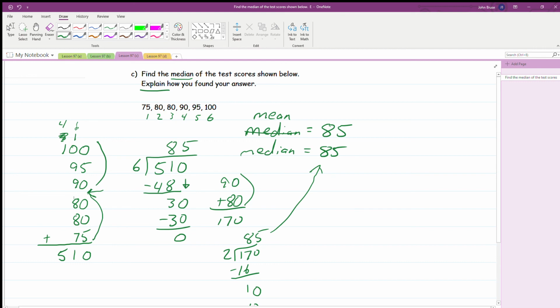So now we can go back to our explain. And it says, let's see here. We're going to write our explanation right here. There is an even number of scores.